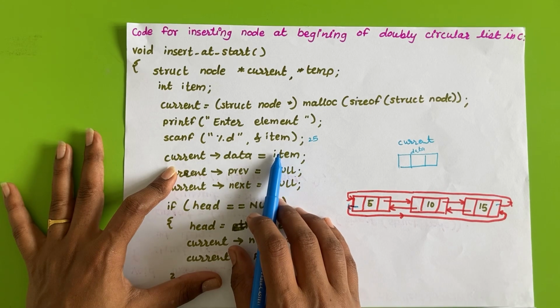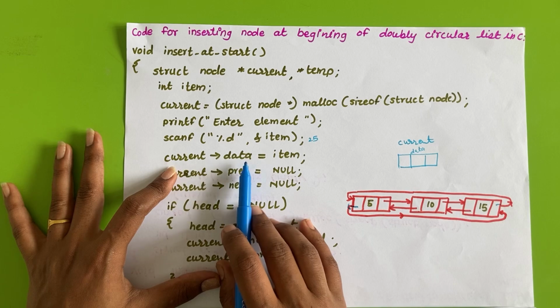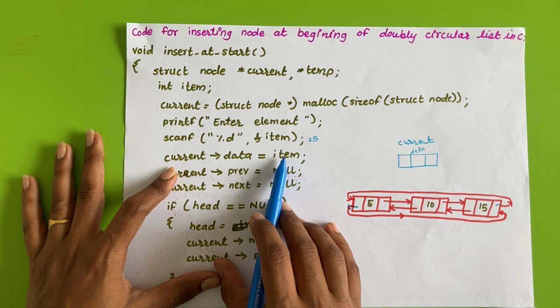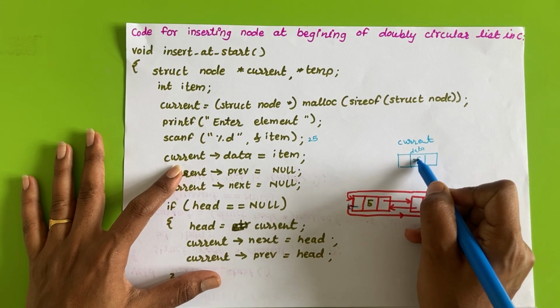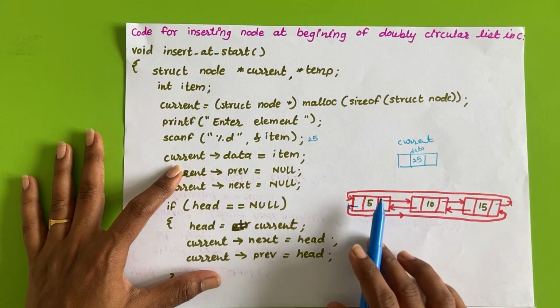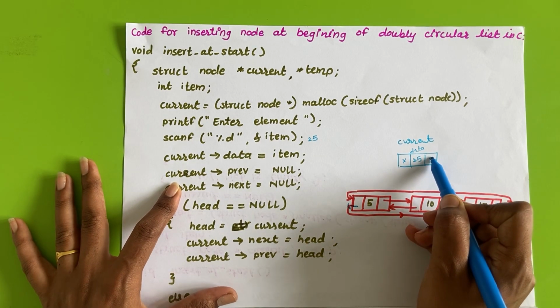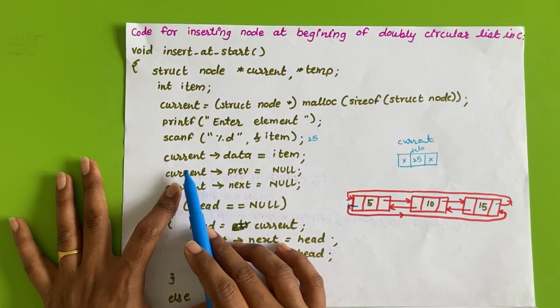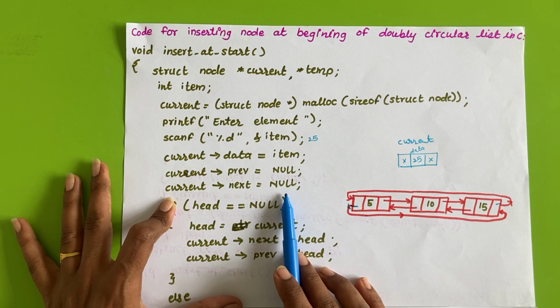So I'll copy this value from the item variable to current->data. Okay, so this will make the value of current->data equal to 25. So 25 will get assigned as the data part of this current node. Now next we will assign these two pointers as null. Okay, so current->previous is equal to null and current->next is also equal to null.